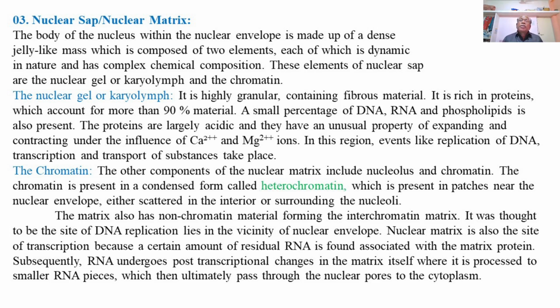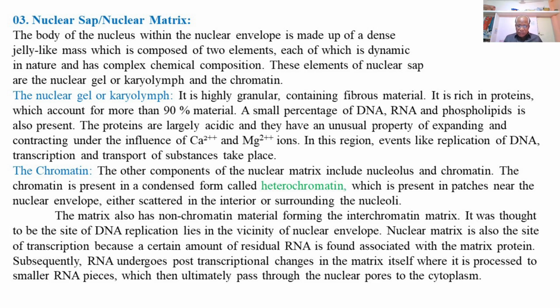The space between the nuclear envelope and the nucleolus is filled up by a transparent, granular, amorphous, jelly-like fluid or matrix called the nucleoplasm. The chromatin material and the nucleoli are suspended in the nucleoplasm.